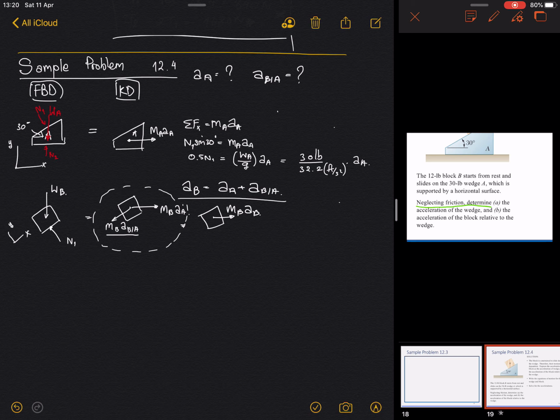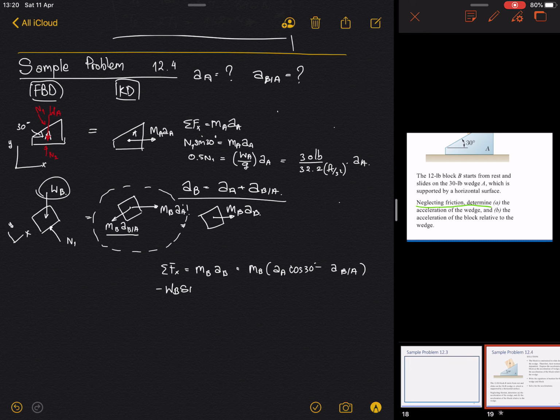Right? So next, for this part, we have sigma Fx equal to M_B a_B, but it actually is M_B times a_A cos 30 minus a_B/A, and then in the end you will get W_B, and that is also minus because your force is in the negative sign here.